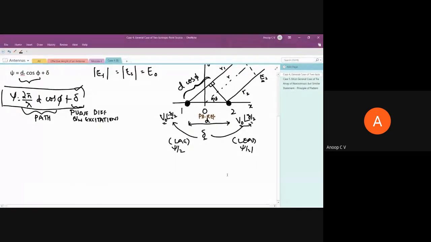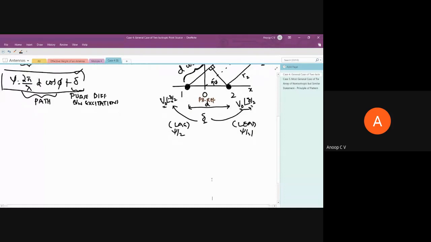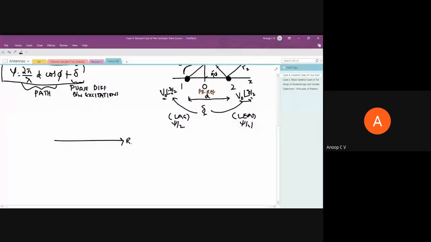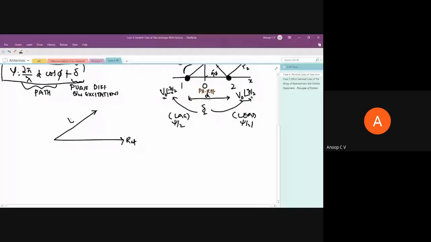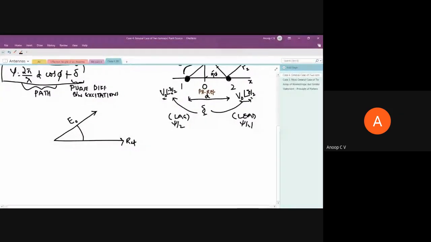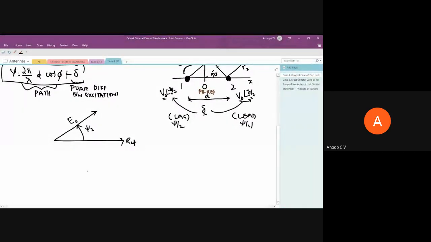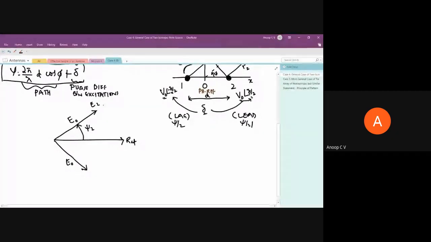So we can draw the phasor first, then we'll move on to the math. This is the phase reference. E2 will have magnitude E0 and it will be leading by an amount psi by 2, and E1 again will have magnitude E0, lagging by an amount psi by 2.